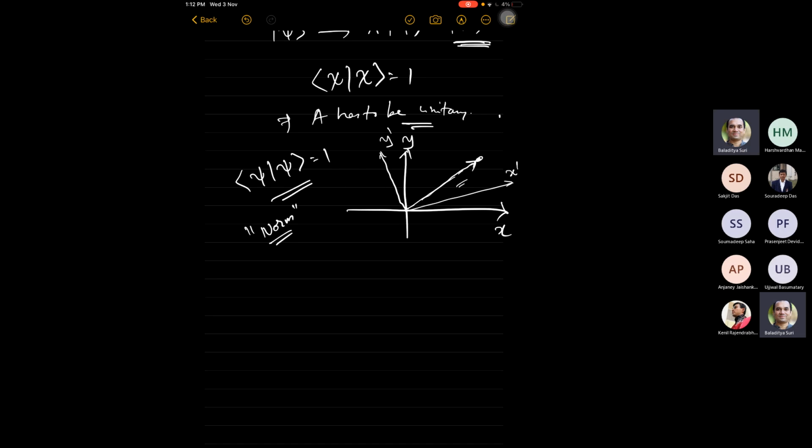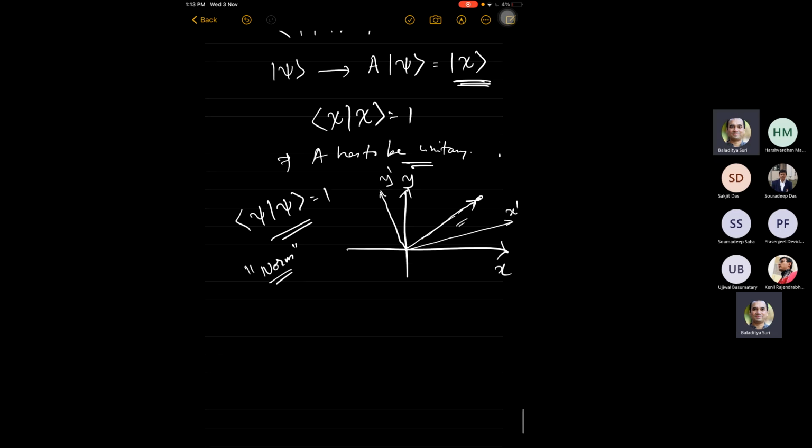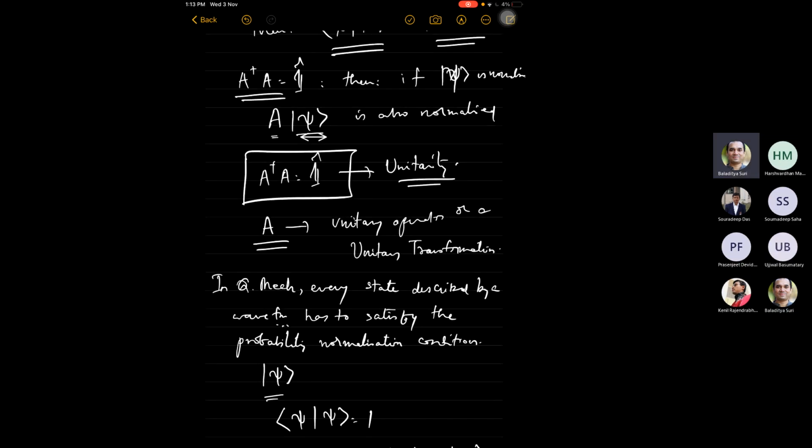So what we discussed today is how to work with Schrodinger's equation, how to apply it to various problems, what is the recipe for setting up a quantum mechanical problem and solving it, and what is the interpretation. And we also looked at this rather concise notation introduced by Dirac and how to work with that notation. And finally, we ended up at the notion of unitarity, which is a very, very important concept in quantum mechanics.